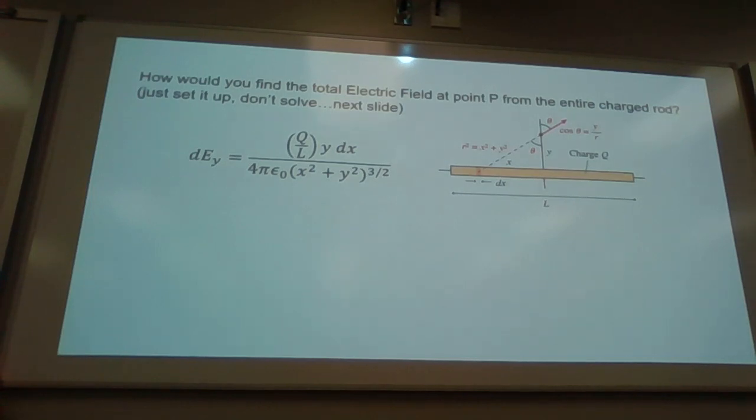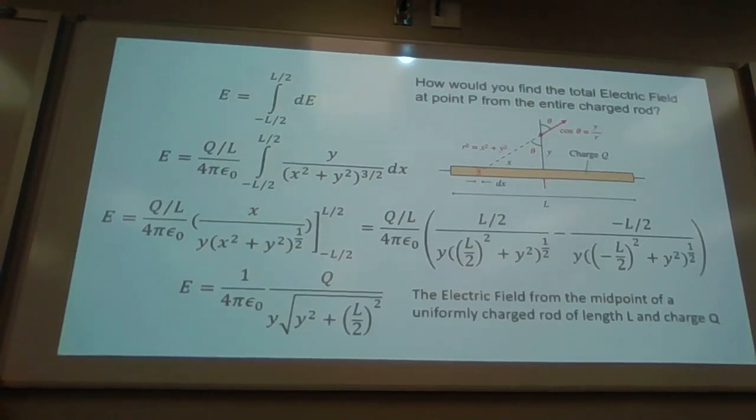All right, okay, today's lesson. Awesome. All right, so we are integrating this from L over 2 to negative L over 2.